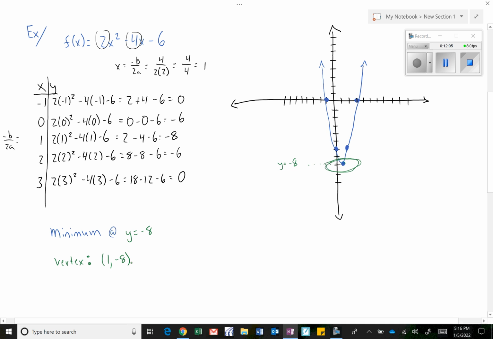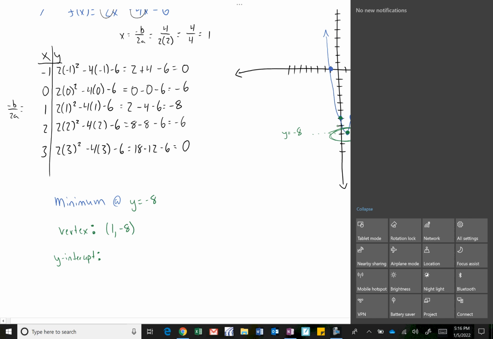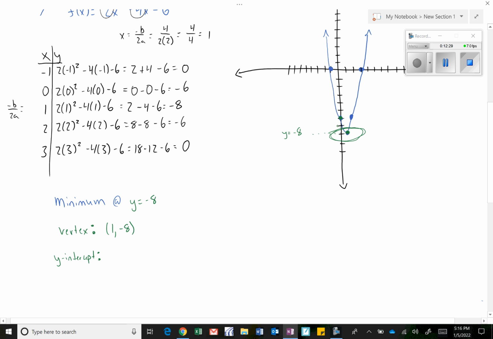And then something else I could also say about this graph, a little throwback to Algebra 1, I could talk about this point right here where it crosses the y-axis. That's called our y-intercept, if you remember that from Algebra 1. Your y-intercept is wherever the graph crosses the y-axis. So our y-intercept is right here. And so that is the point 0, comma, -6.